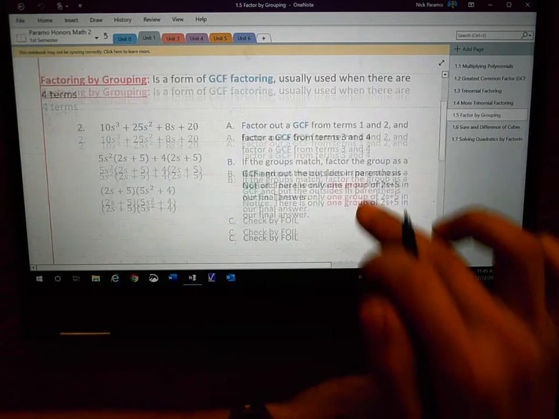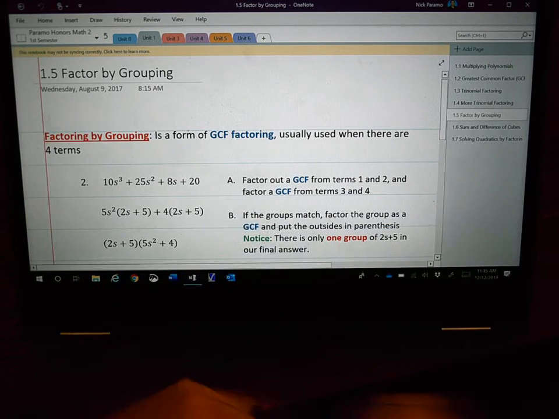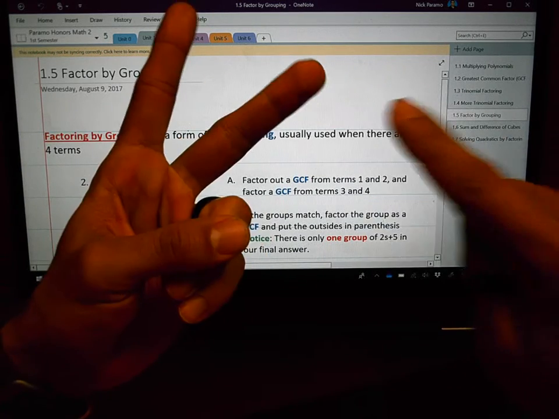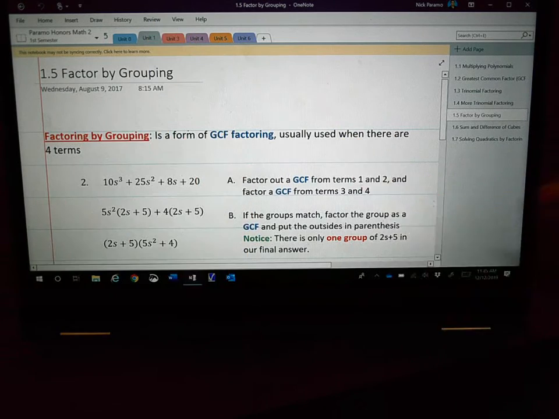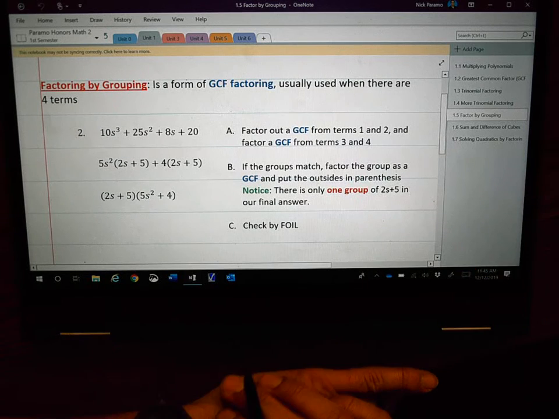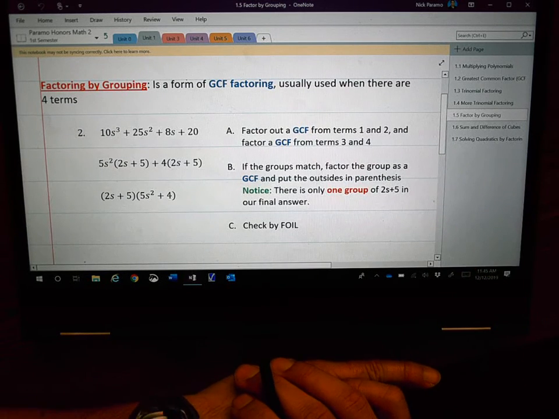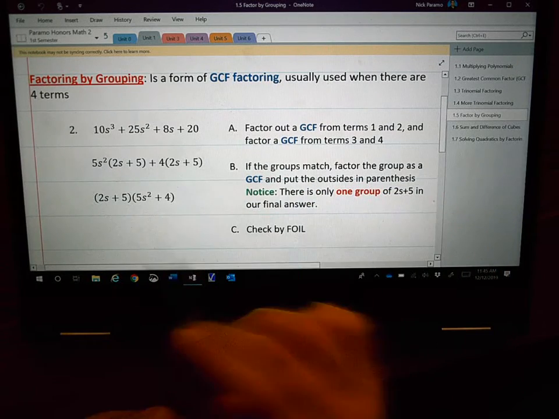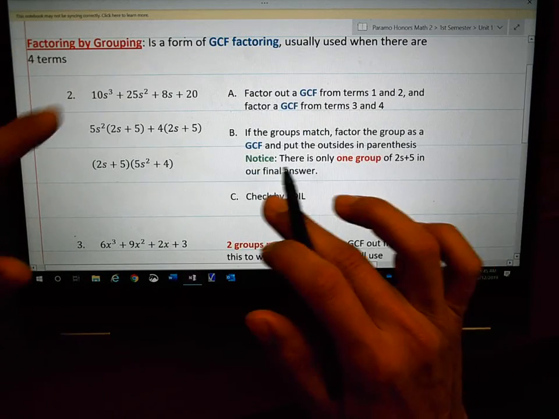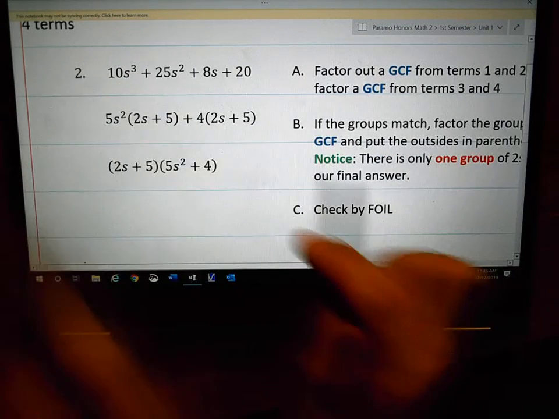Factor by grouping was the fourth method. We've talked about GCF factoring, difference of squares, guess and check. Now we're on factor by grouping. When there are 4 terms, 1, 2, 3, 4, factor by grouping is where you do GCF factoring of the first 2 terms.